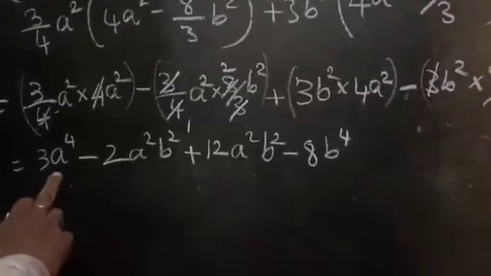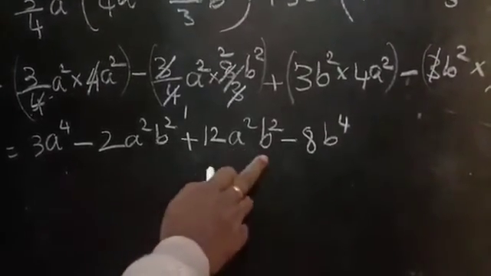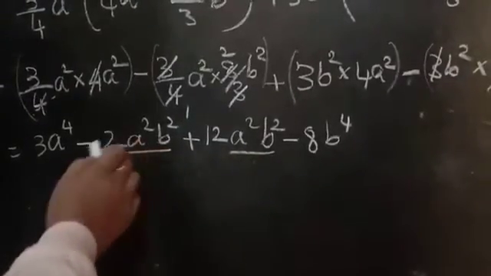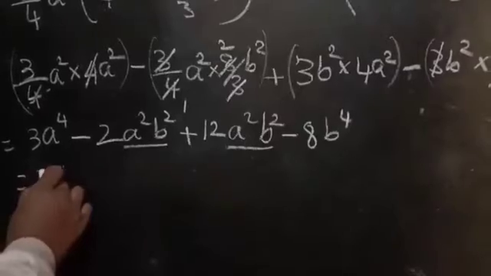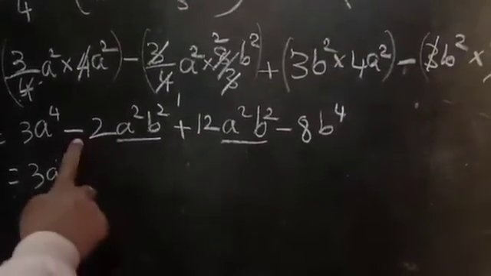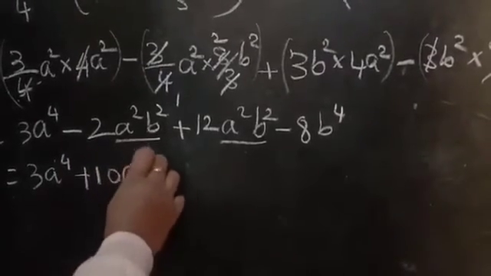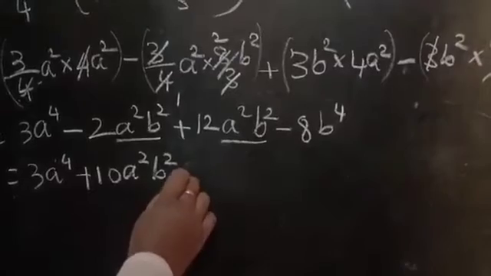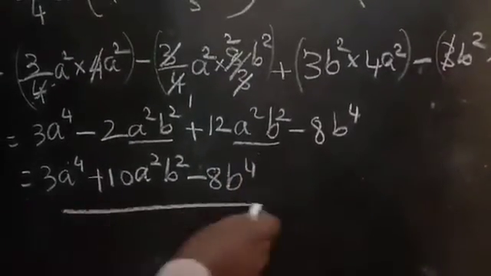So here a power 4, b power 4. Here a square b square, b square, the same term, so we simplify for this only one term. Equal to 3a power 4 plus 12 minus 2 is plus 10 a square b square minus 8b power 4 is the answer.